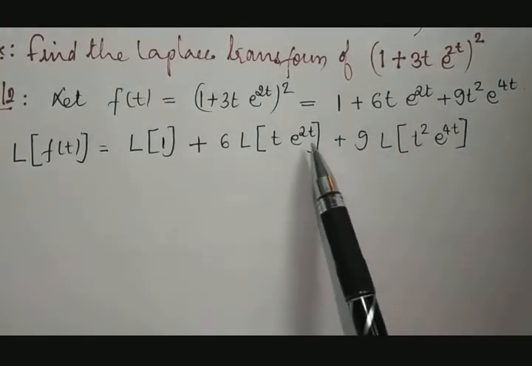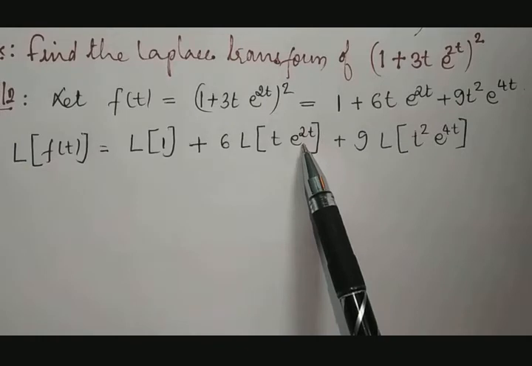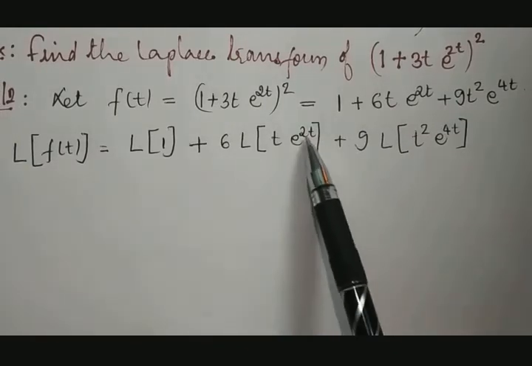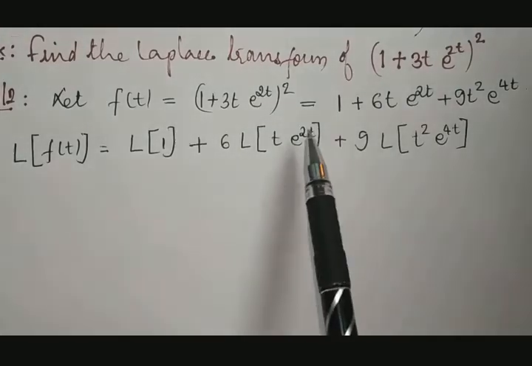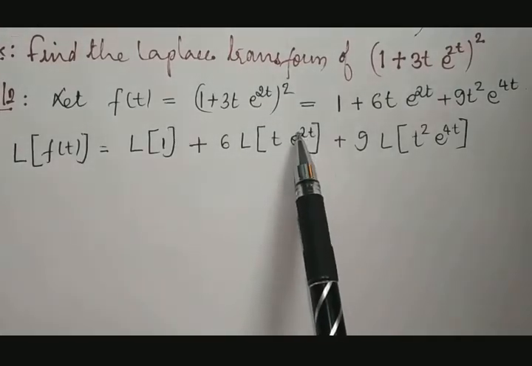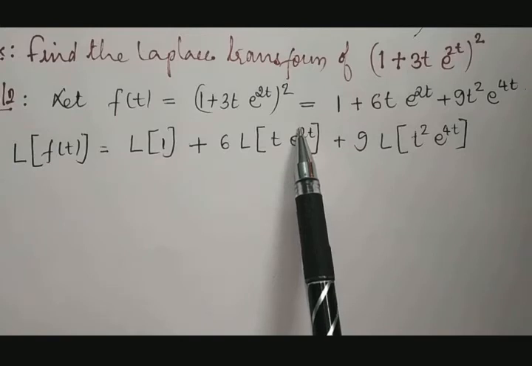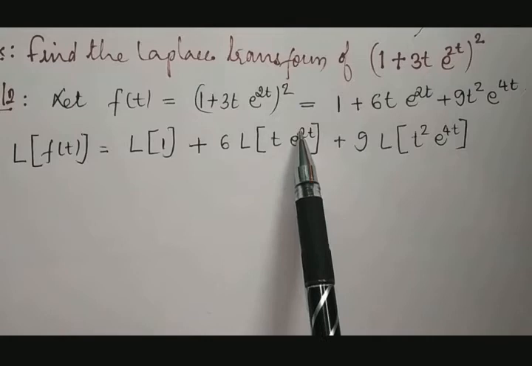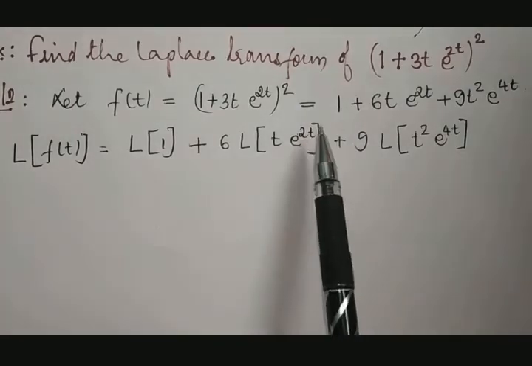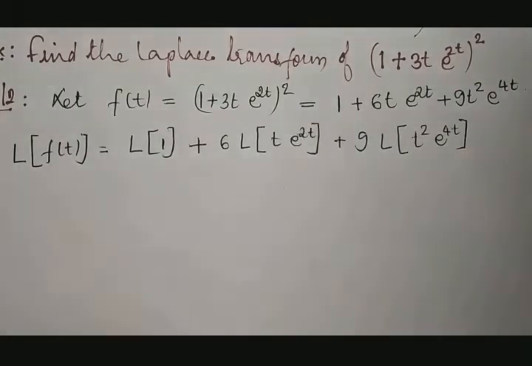If it is negative, then s plus. If it is positive, then s minus. Very simple case. If the exponential has a positive power, then its overall result will be delayed by that constant. If the exponential has a negative power, then the result will be advanced by that constant. Okay, it is a reverse case.